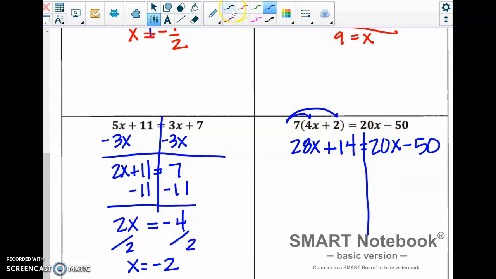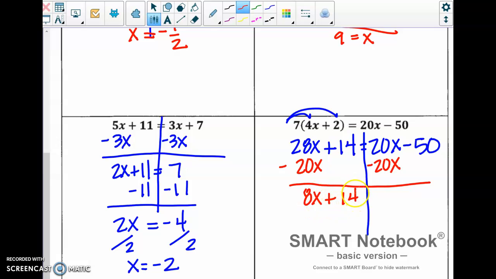I'm going to subtract 20x from both sides so that this side will get rid of all its x's. So 28x minus 20x is 8x plus 14 equals, and then we're still left with a negative 50 over here.